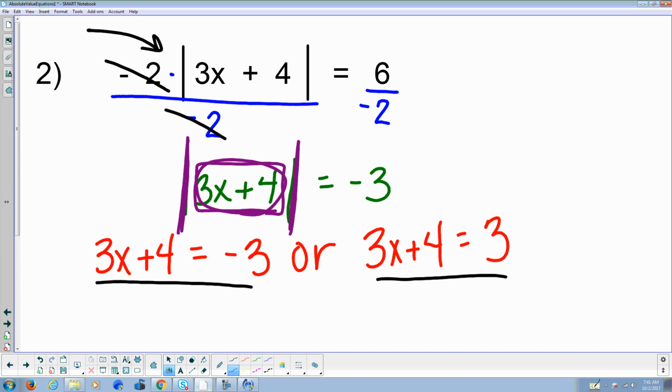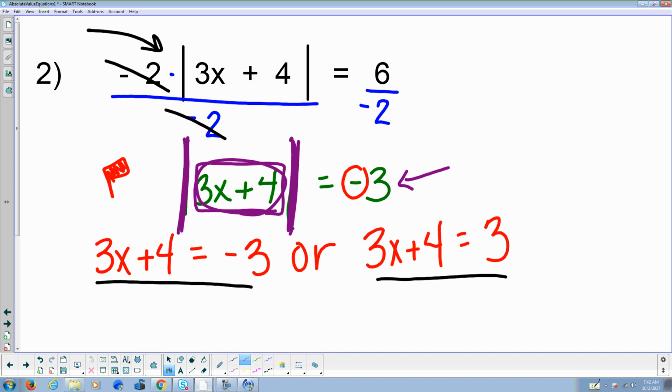So when I have absolute value bars all alone, it has to be equal to a positive number. This is showing absolute value equal to a negative. This is what I like to call a red flag situation. When you isolate absolute value and you see that it's equal to a negative number, that's a red flag, because absolute value is always going to equal a positive number.